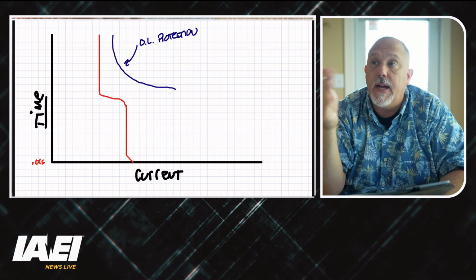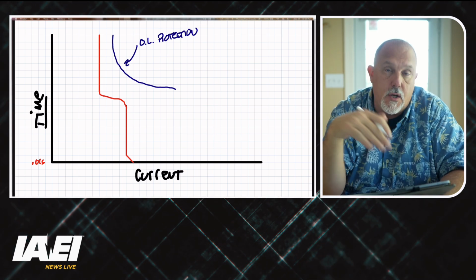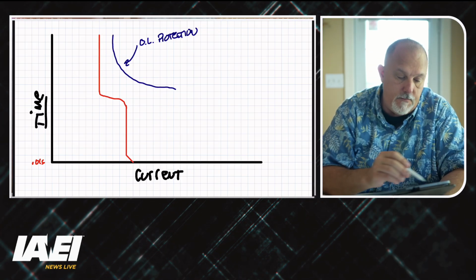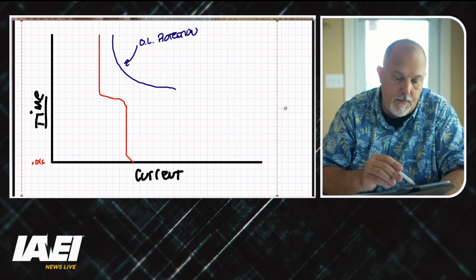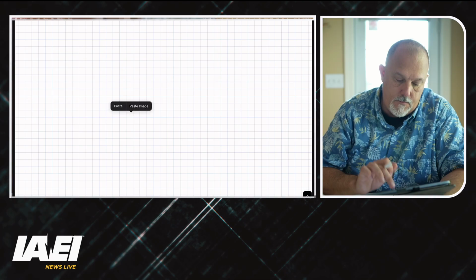And then she goes, what is the type of overload protection? Is it a thermomagnetic breaker, meaning it's all as one? Because you could do this. Let's do a copy. Paste.